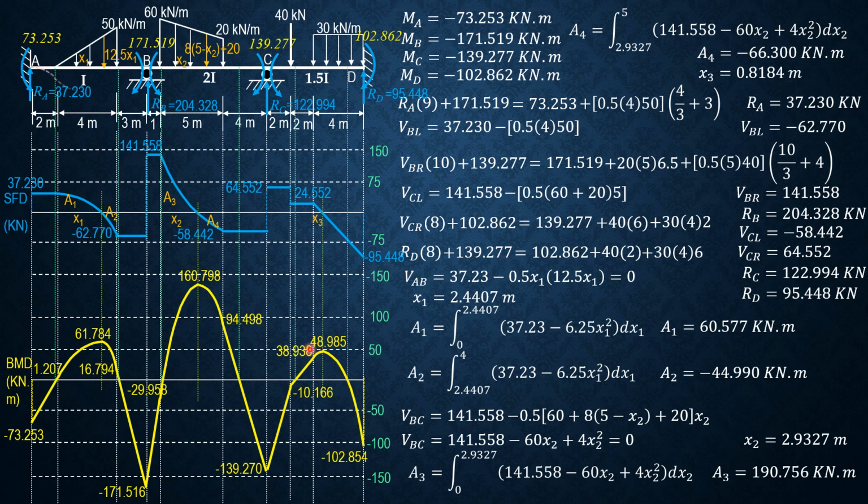So it goes negative, increasing down to negative 102.854, which is supposedly the moment at D, which is negative 102.862. So there's a discrepancy of about 0.008, which is expected because of rounding of values. So therefore, it closes zero moment there. So this is the moment diagram.